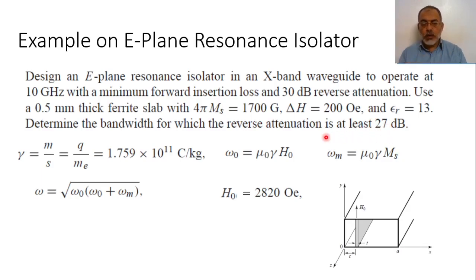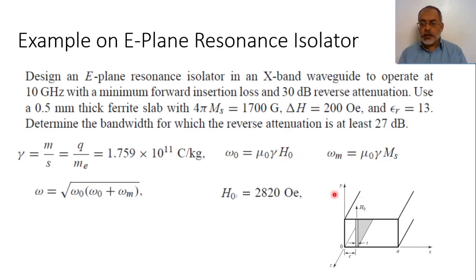We are starting from the magnetic constant gamma, which is a global constant, 1.759 multiplied by 10 to the power 11. Omega naught, the precession frequency or Larmor frequency, can be obtained as mu naught gamma H naught.